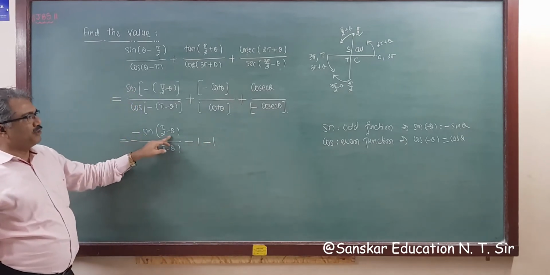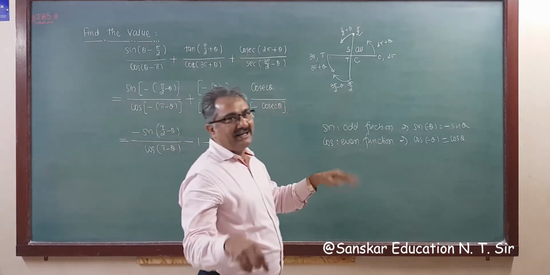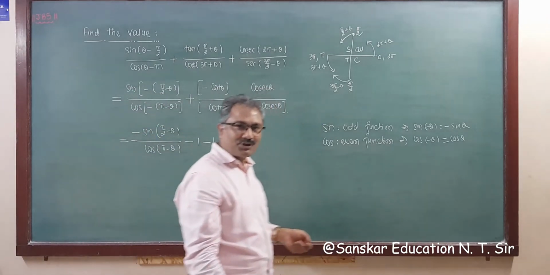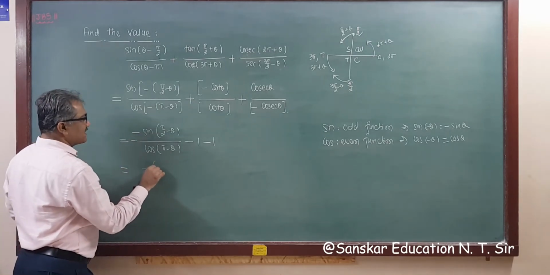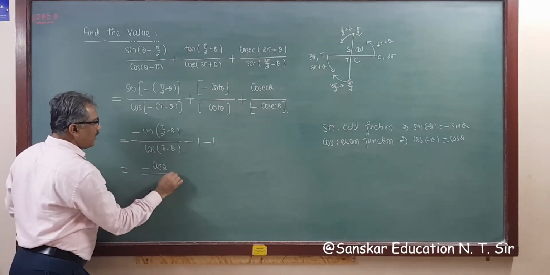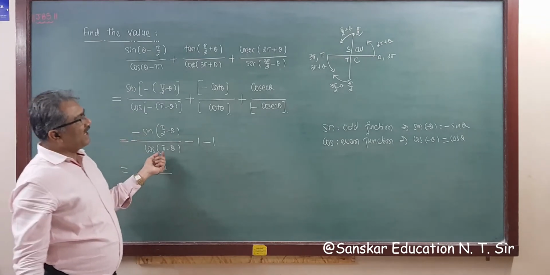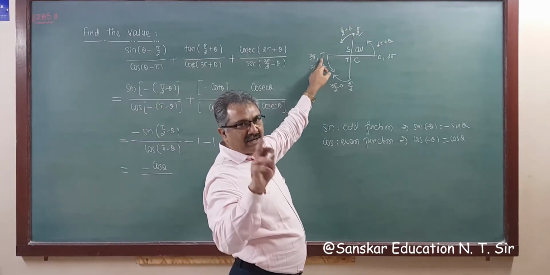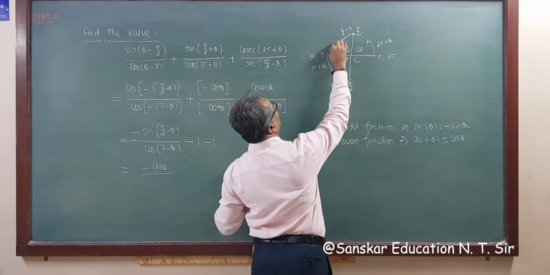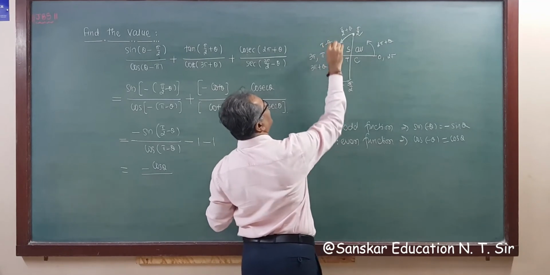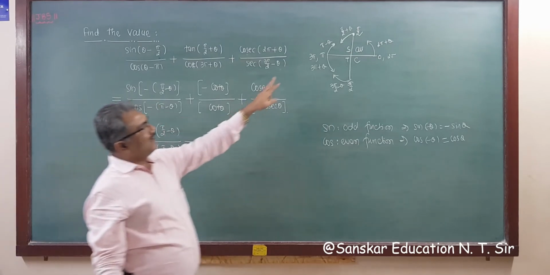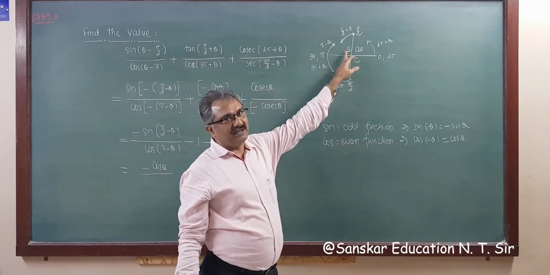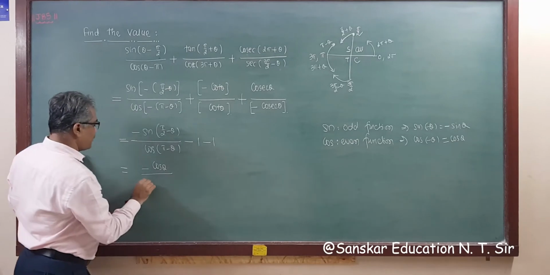Now sin pi by 2 minus theta, you learned this in 10th standard also, sin 90 minus theta is cos theta, so no need to say anything. So the answer will be minus cos theta whole upon cos pi minus theta. Pi minus means second quadrant, where sin and cosec are positive, so cos is negative, so minus.